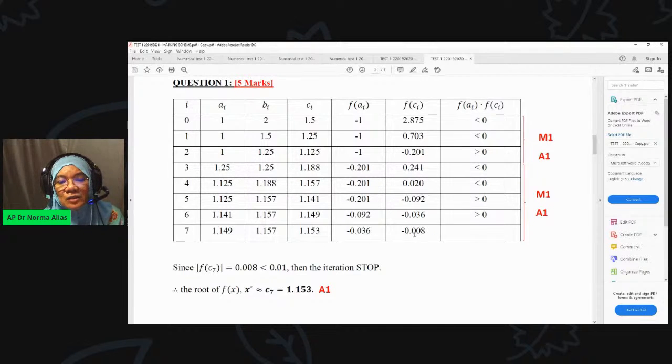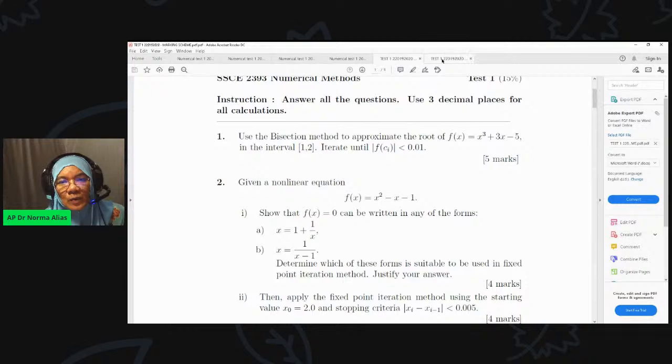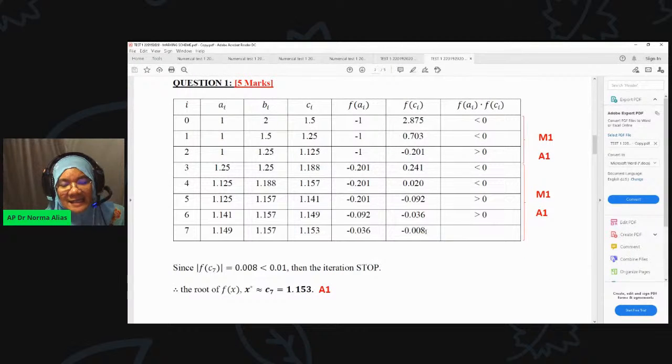F(C) is negative 0.008, which is less than 0.01. Your question is 0.01, so 0.008 is less than 0.01. So you terminate the iteration at iteration 7.